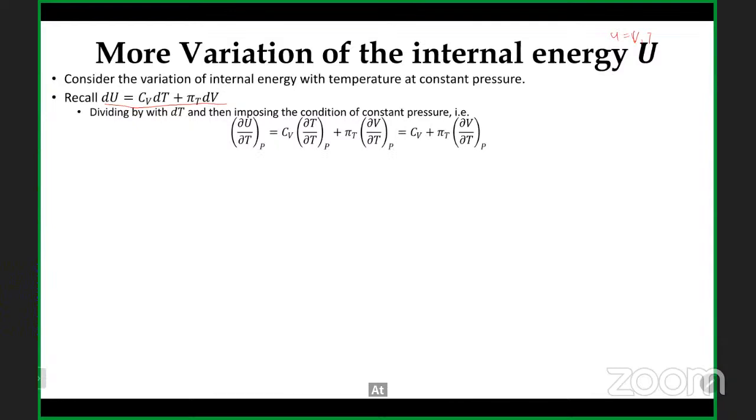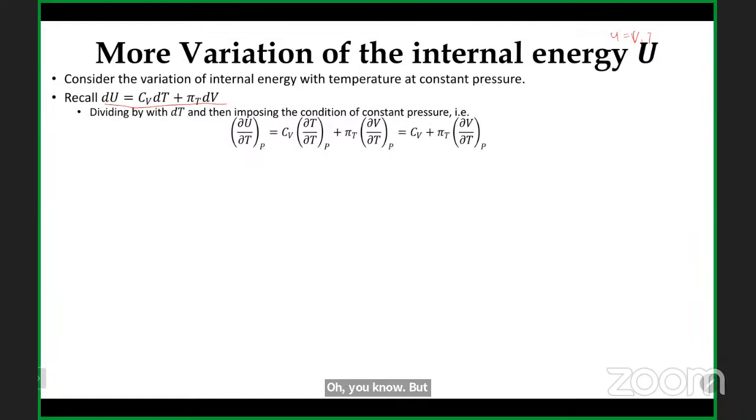If we now consider that after varying all this, maybe you're trying to form a process, you now vary it with the pressure, or you now make pressure constant.